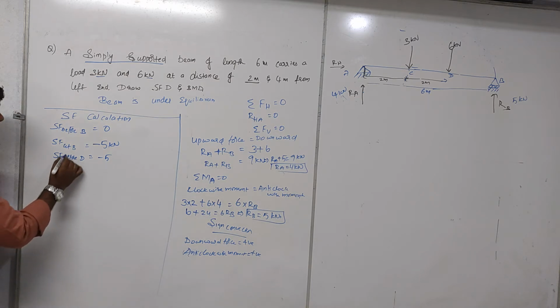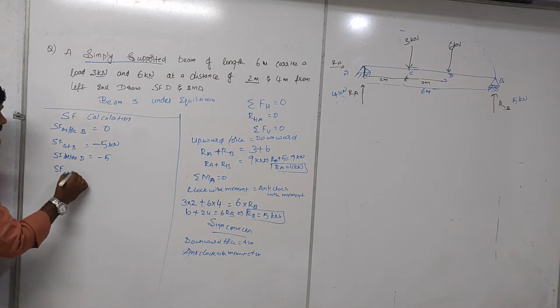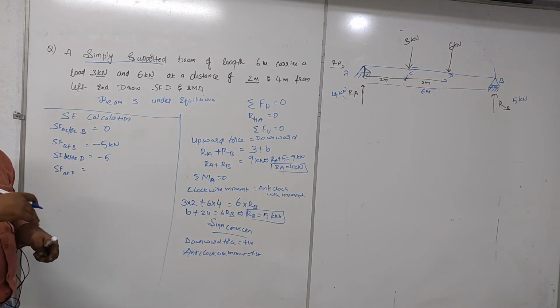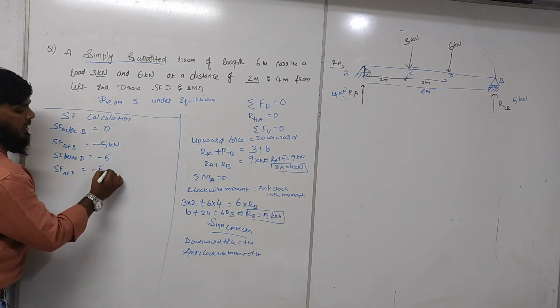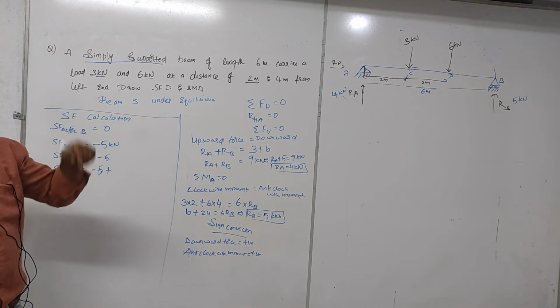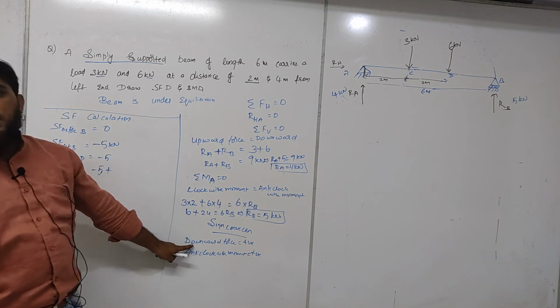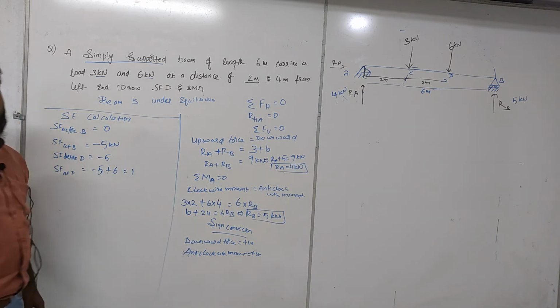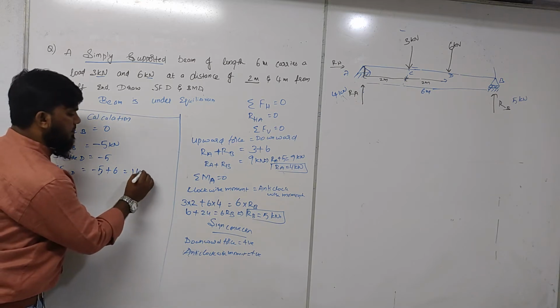Next is shear force at point D. At point D, you have to consider the right side of D and D also. Minus 5 plus this positive direction. Why? Downward force is positive. 5 plus 6. So the answer is 1 kilonewton.